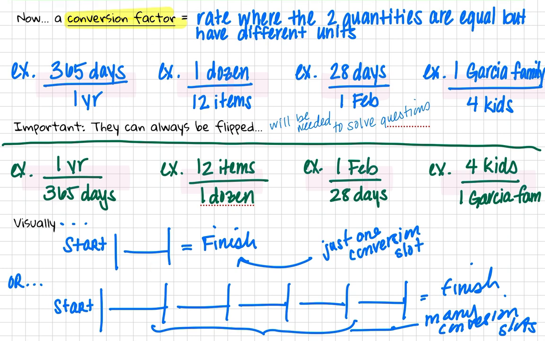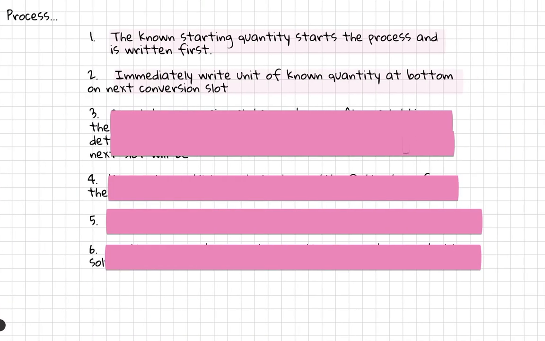And you're going to do that moving forward. Once you figure out this area, then whatever's at the top here, unit-wise, you're going to put it here. Once you figure that out, whatever's at the top here, you're going to put it here. That's how you're going to guide yourself on how you position your conversion factors, like these up top.